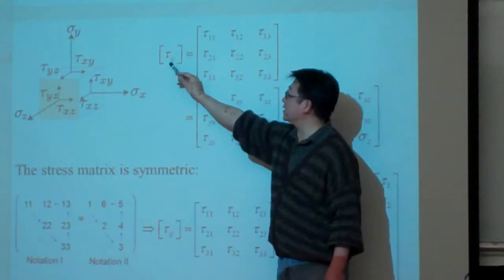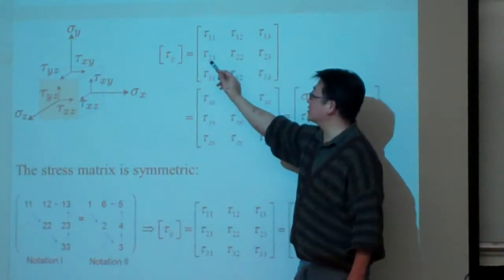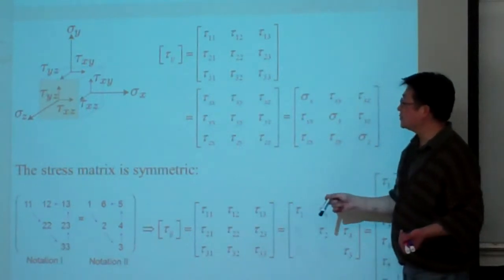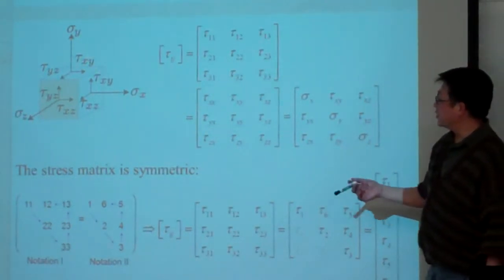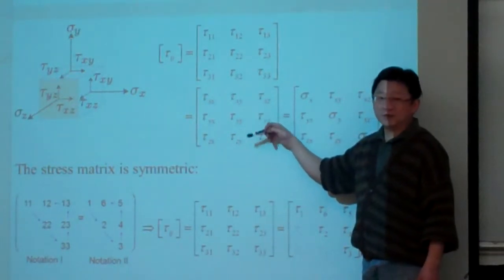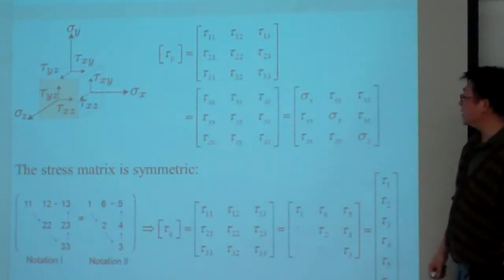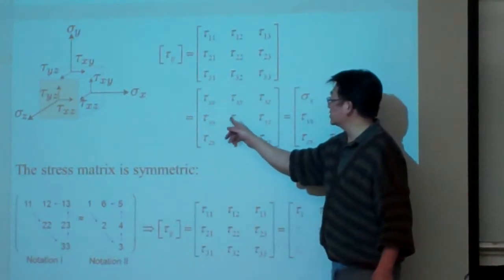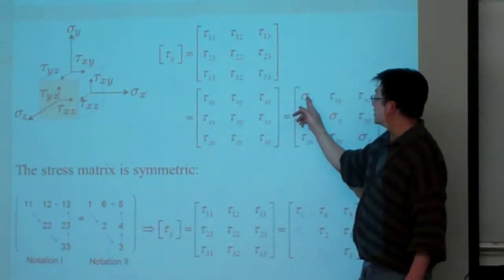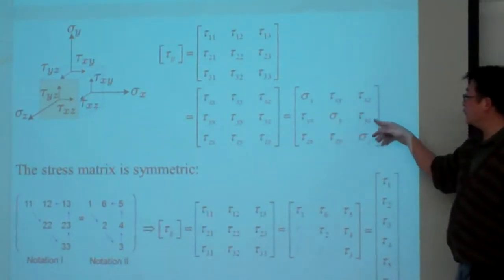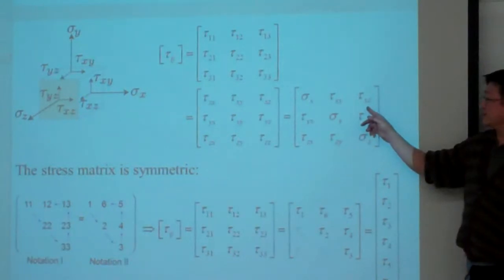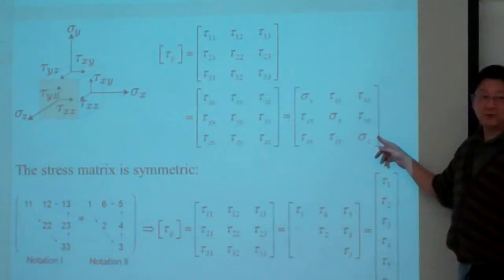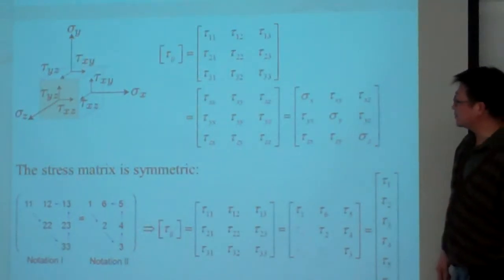So basically tau ij is a 3x3, which is good for our calculation later. But for beginners, people may be used to x, y, z, so it depends on which symbols you like. Even sometimes people like to use sigma for the normal stress, and that is the symbol we use in ME 631, so that is the one you will become most familiar with.